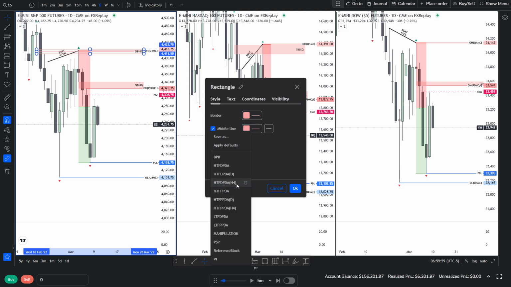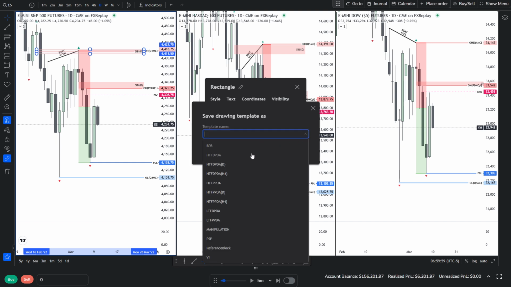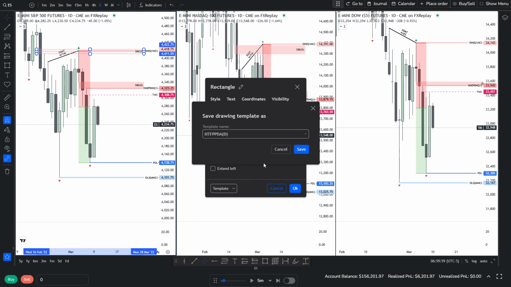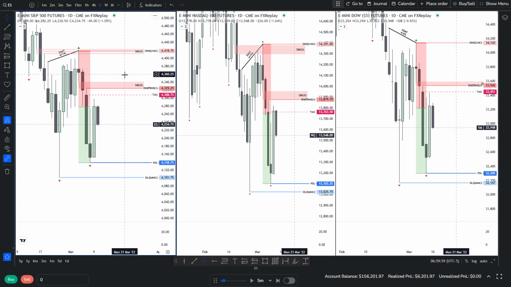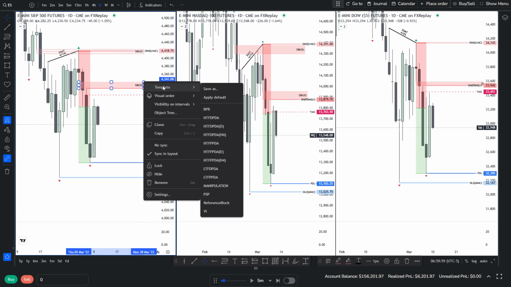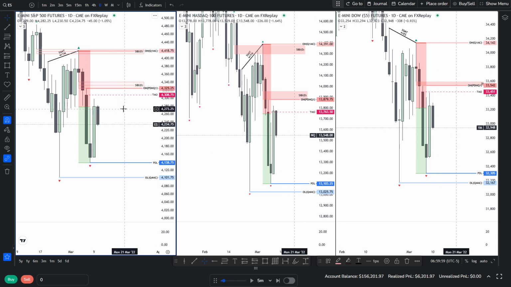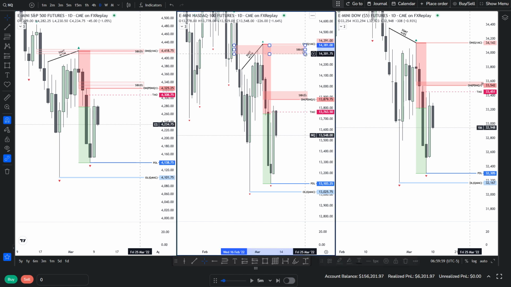Perfect. So I'm going to save that as premium daily. Okay. So now we can just convert that to that. Perfect. And then we can do likewise here.